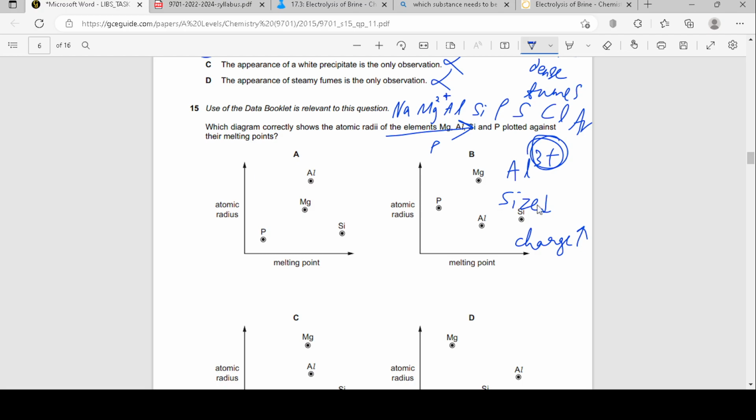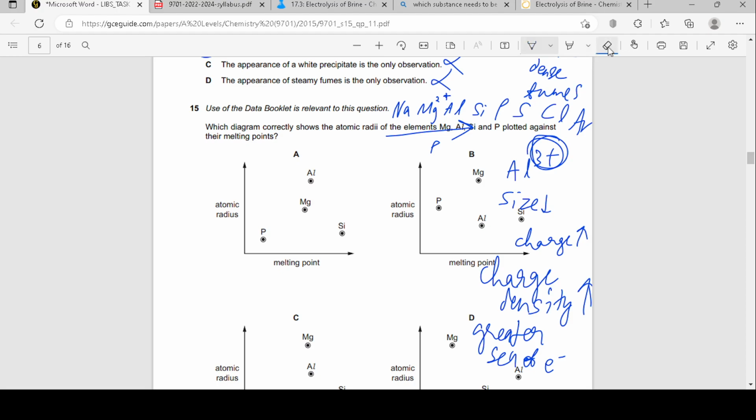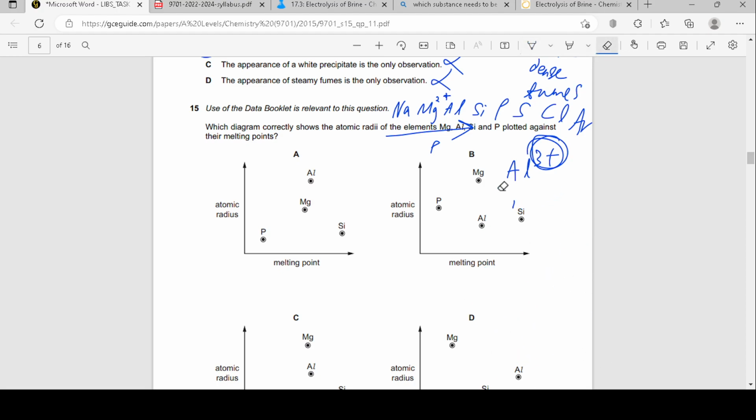Also, because the cations have a smaller size and a greater charge, the charge density of the Al3 plus cations is greater. So with a greater charge density and a bigger sea of electrons, the metallic bonding is stronger in aluminium, which means the melting point of aluminium is also higher.